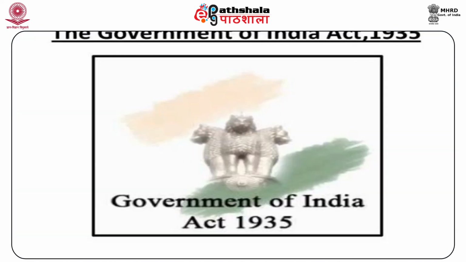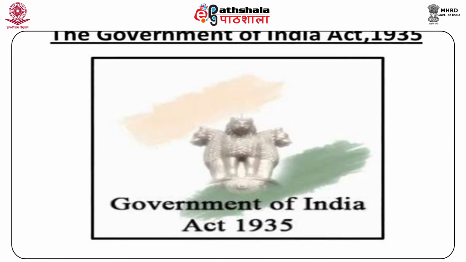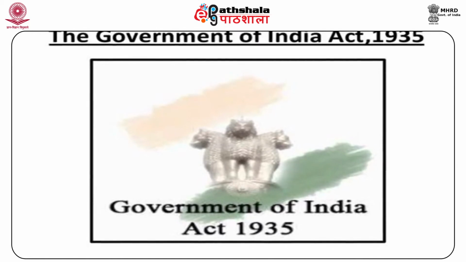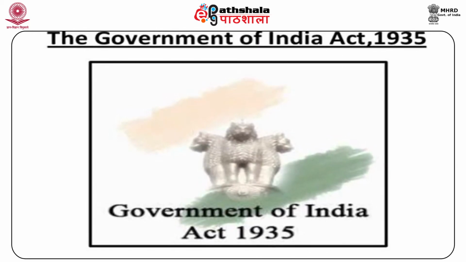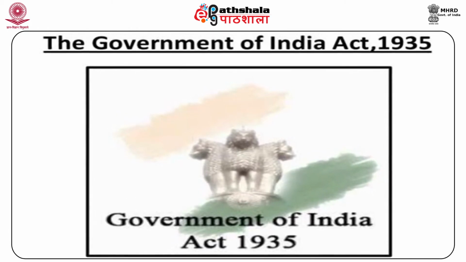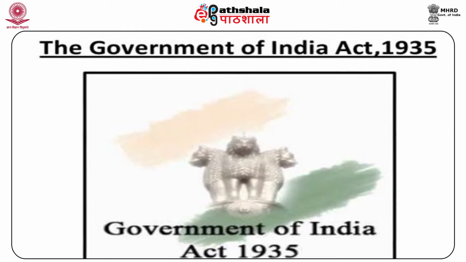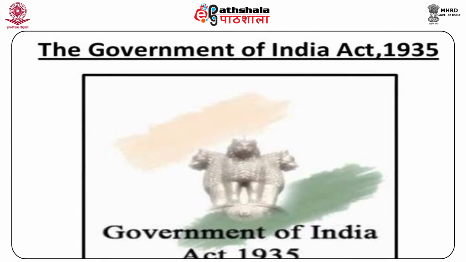Then came the Government of India Act of 1935. The provisions of the Government of India Act 1935, though never implemented fully, had a great impact on the Constitution of India. Many key features of the Constitution are directly taken from this Act. The Act can be said to be the foundation of the Indian Constitution.